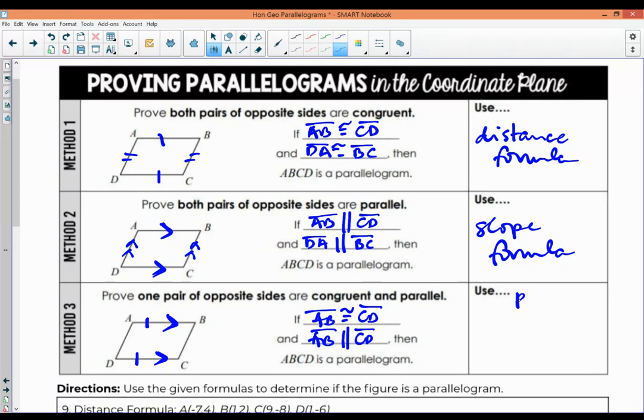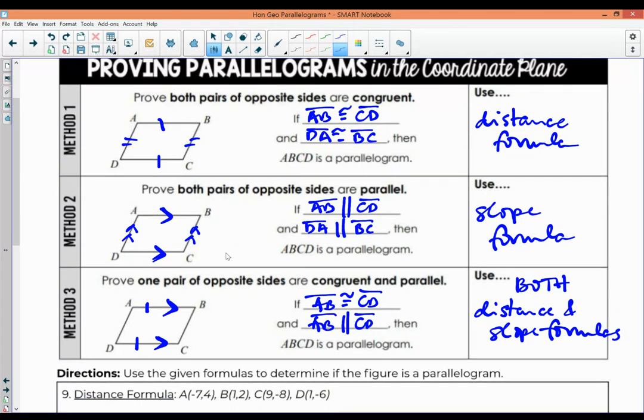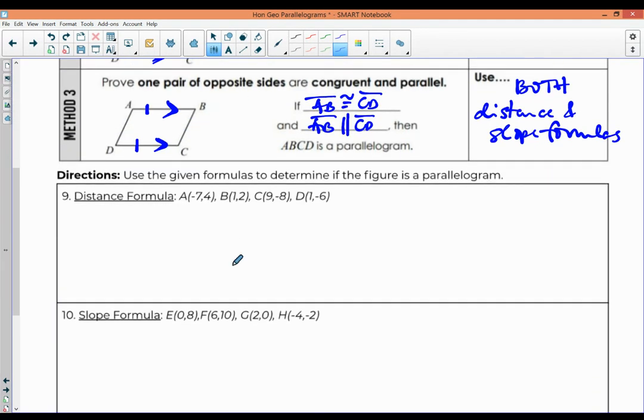And then in that case, we would have to use both the distance and slope formulas. All right, so we're going to do one of each here. We'll refresh you on those formulas.